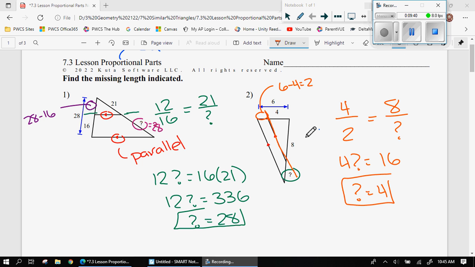So I'm hoping that you paused, gave this a shot, and even if you got it wrong, that's okay. The important part is that you tried it on your own, and you can see if you need to fix a mistake or ask a question. We need to find the missing piece here, so we did the whole thing, 6 minus the piece we know, 4, to get 2. This creates a fraction, 4 over 2. I have a fraction here, 8 over question mark.